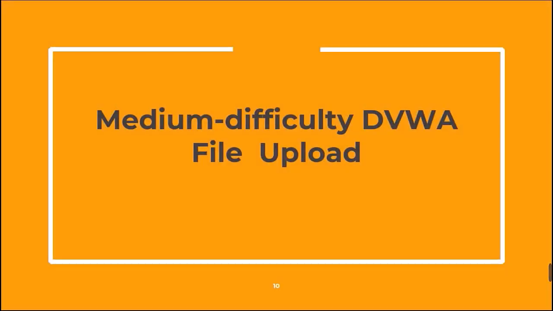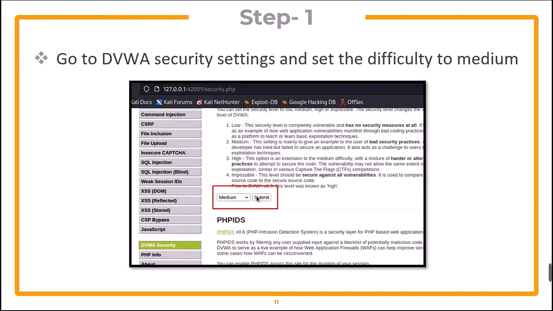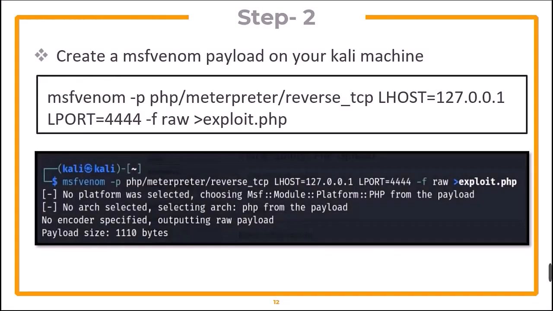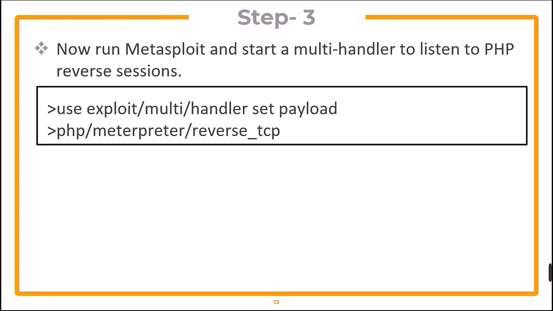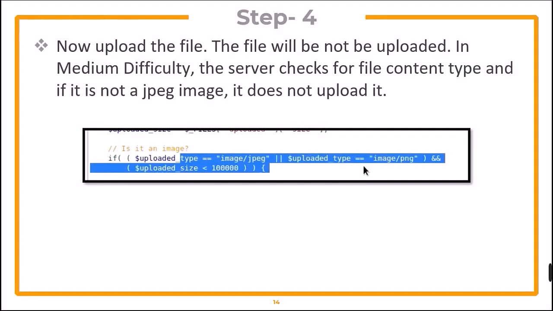For the medium difficulty file upload challenge, change the difficulty to medium. Create an MSF Venom payload on your Kali machine. Run Metasploit and start a multi-handler. And upload the file. The file will not be uploaded in medium difficulty.